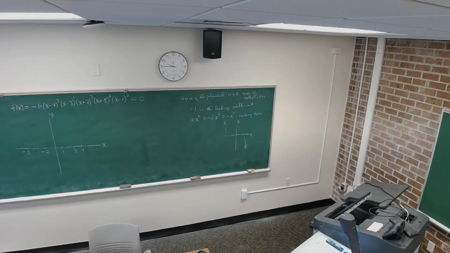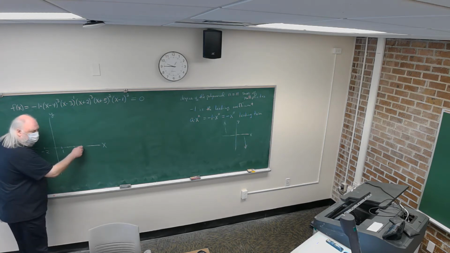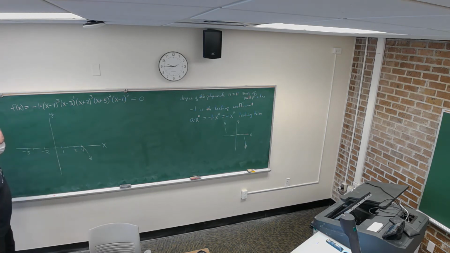Now, we know the graph goes down on the right end. So from the last x-intercept on the right, the graph has to go down. And it goes up on the left. So from the last x-intercept on the left, it has to go up. What happens in between?